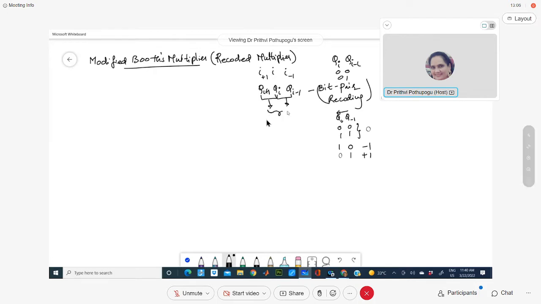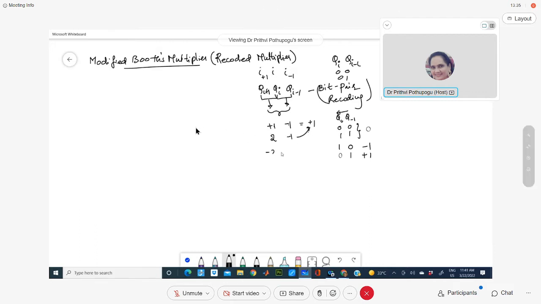again these values will be evaluated. Say in this comparison you are getting plus 1 minus 1. This will be equivalent to 2 plus 1. Plus 1 means 2 power 0 position and this is 2 power 1 position. Plus 2 minus 1, it is plus 1.